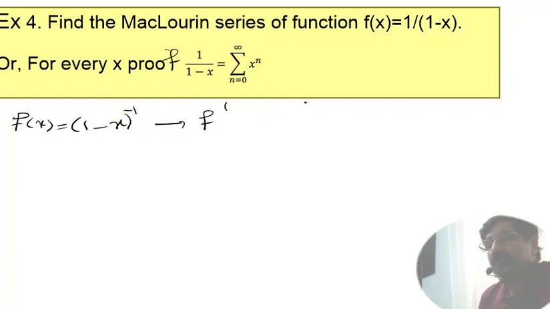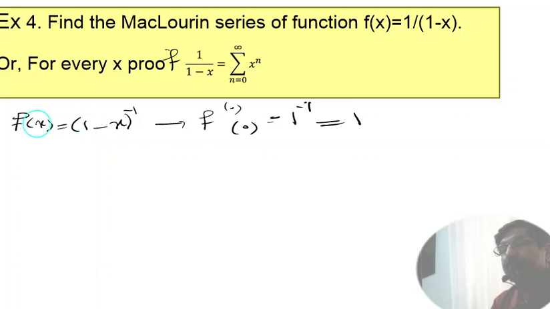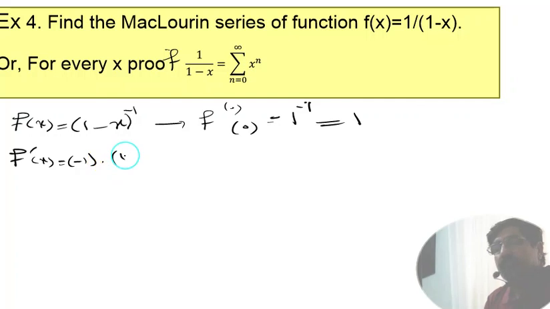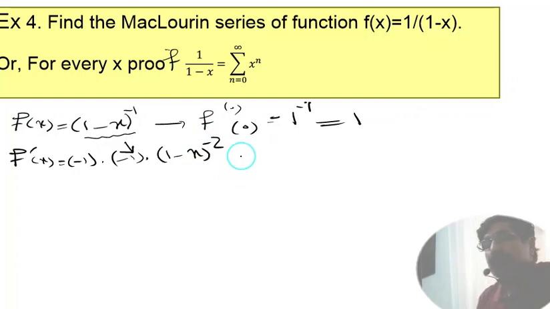So the zeroth derivative of f at 0 is 1 to the power of minus 1, that is 1. f prime of x is negative 1 times the derivative of 1 minus x, times (1 minus x) to the power of negative 2. That is, f prime of 0 is minus 1 times 1.